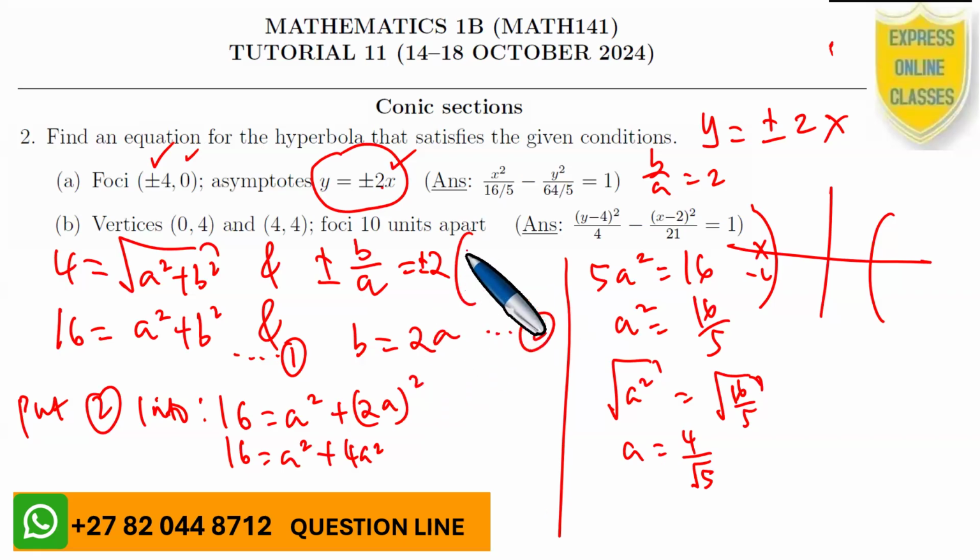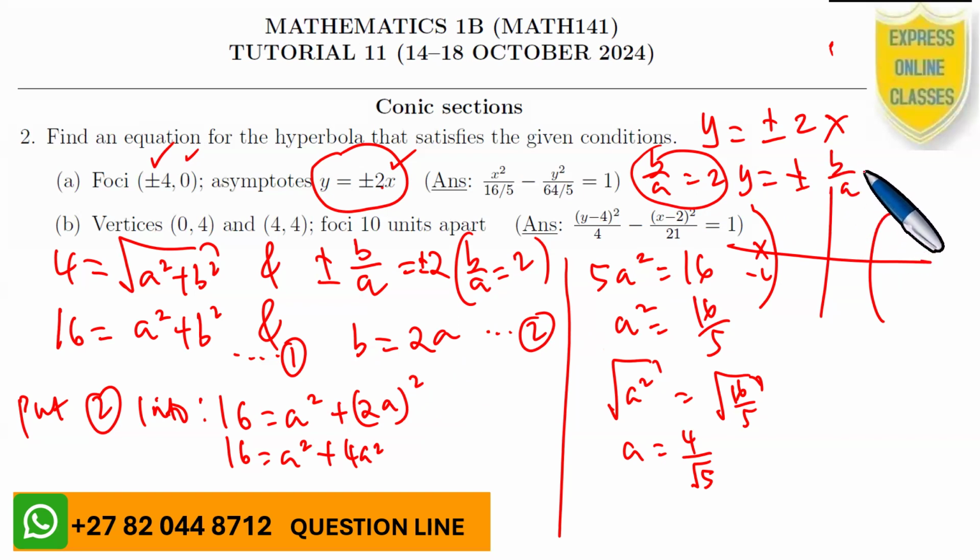So alternatively, for simplicity, we can just write b over a equals 2. This is true because y is plus or minus b over a x, which means b over a is 2.